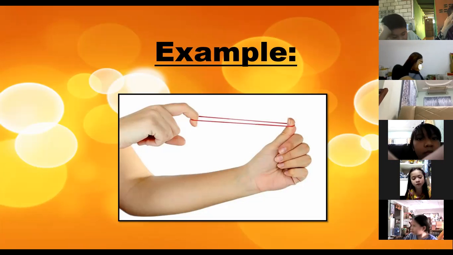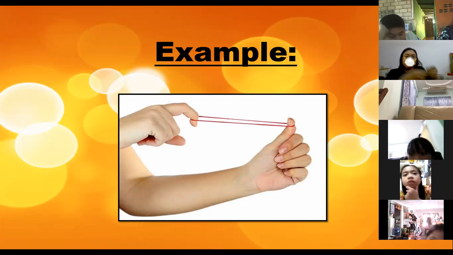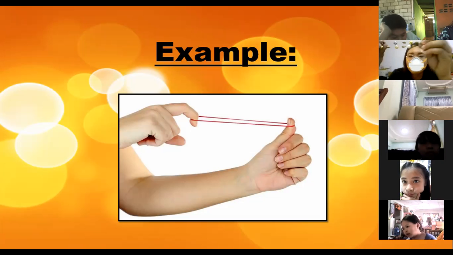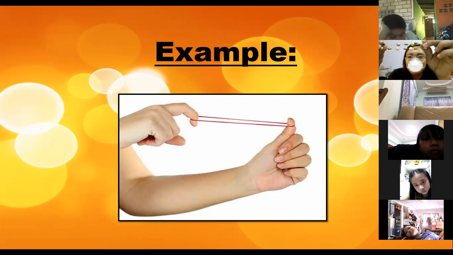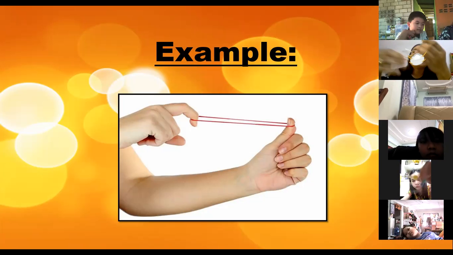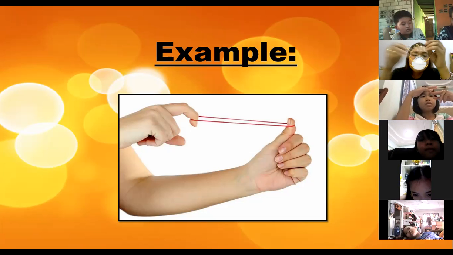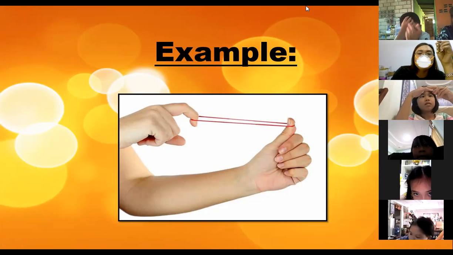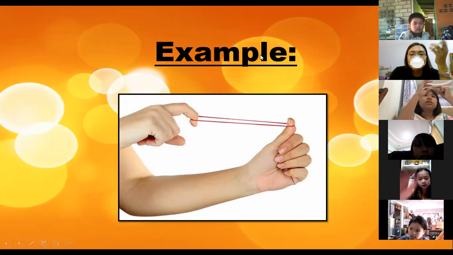Let me see if I have another example here. Oh, this one. It can be stretched. You see, it can be stretched. This one is like a bracelet. See? Rose, you also have example of a material that you can flex. All right. Oh, Milene. What else?